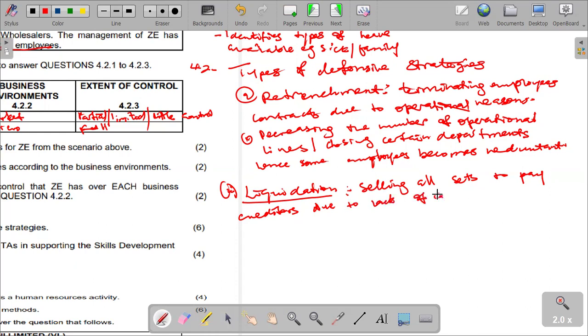Due to lack of capital, a business can sell the assets in order to pay its creditors.